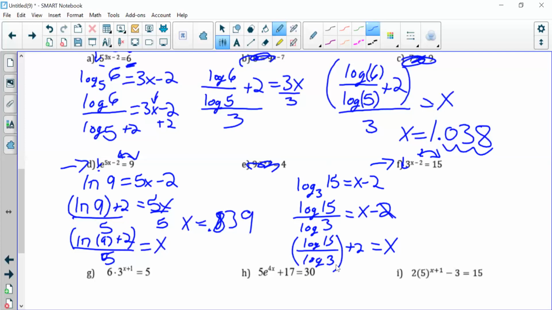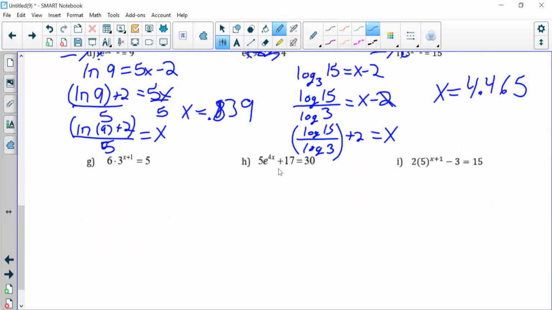Log 15, close parentheses, divided by the log of 3 plus 2. Equals, x equals 1.464, but the next number is a 9, so we round up. 3 decimal places and rounding.